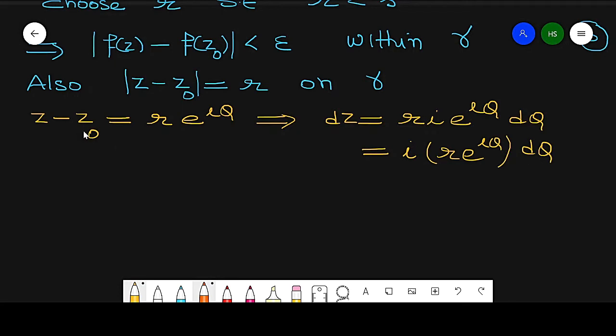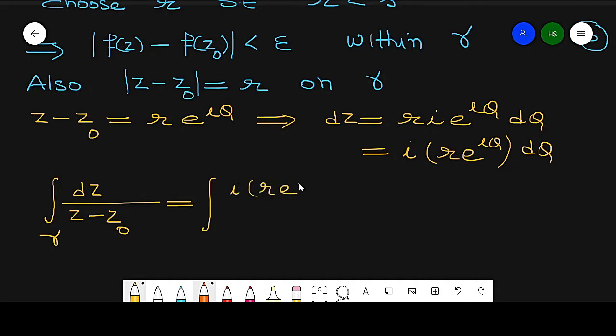So this is again z - z0. Now this integration, the integral of dz over z - z0 around gamma, can be written in this way: dz, which is i r e raised to the power i theta d theta, over z - z0, which is r e raised to the power i theta.